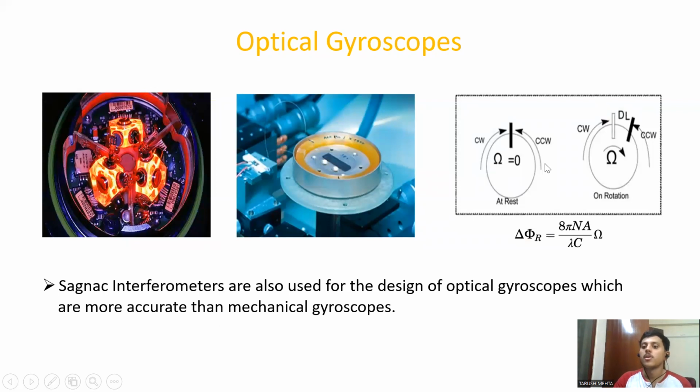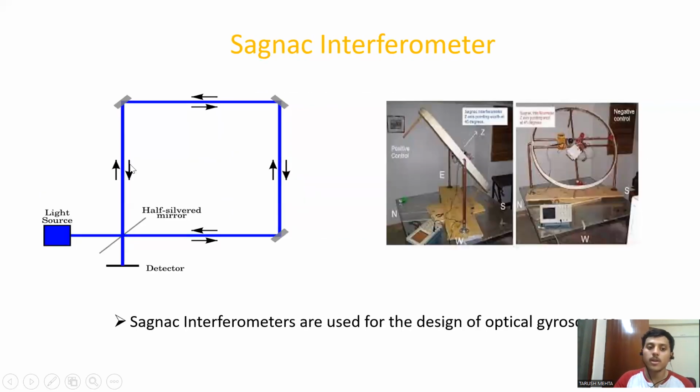Because of this, both waves will arrive at the detector, but not at the same time. There will be some delay between their arrival, and because of the delay, a phase difference between the clockwise and the counterclockwise wave would be created.